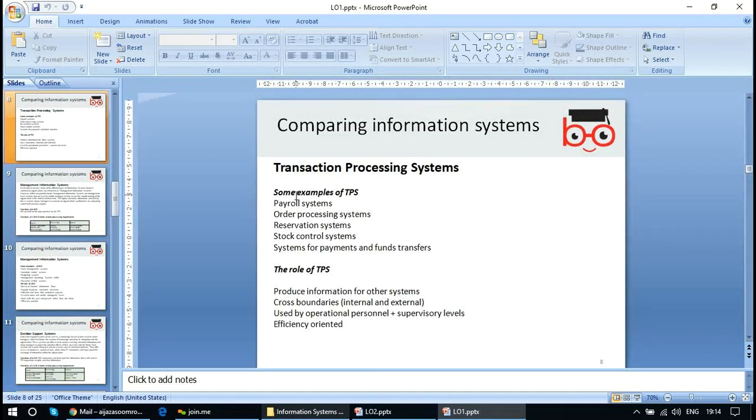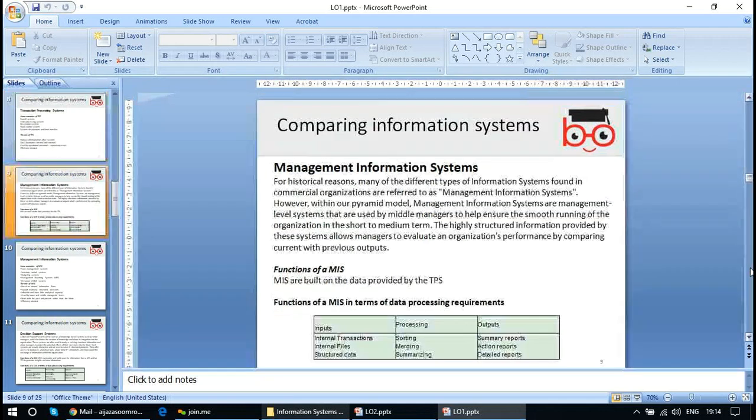Some examples of transaction processing are a payroll system, order processing system, reservation, stock control, and systems for payments and funds, like tills. The roles may be to produce information for other systems, cross boundaries, used by operational personnel, and supply the supervisory level, efficiency oriented.